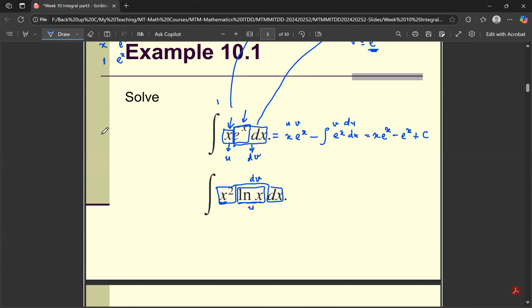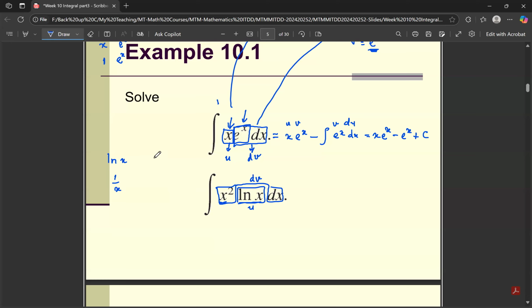Okay, let's write the columns again. u in this case is ln x, so we must differentiate it. The differentiation will be 1 over x.